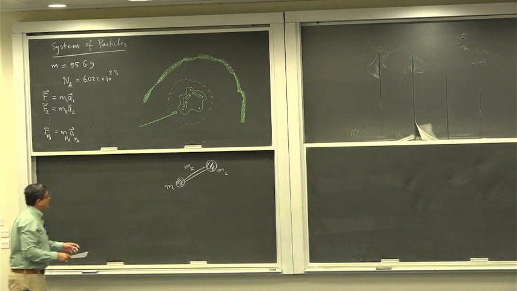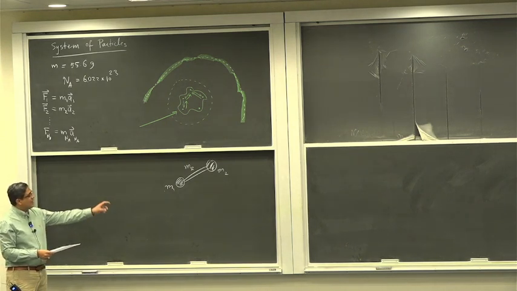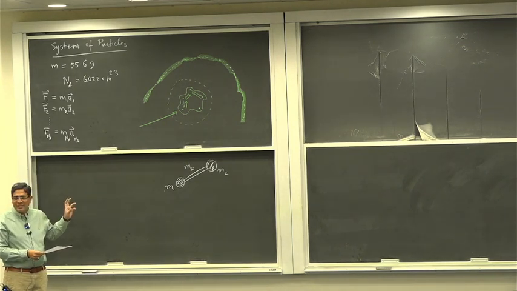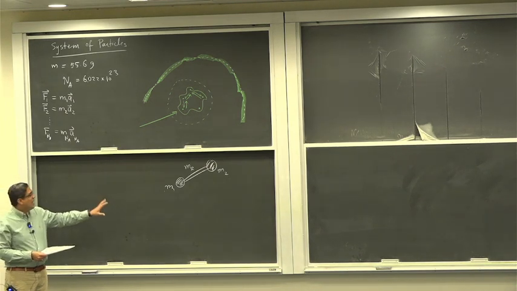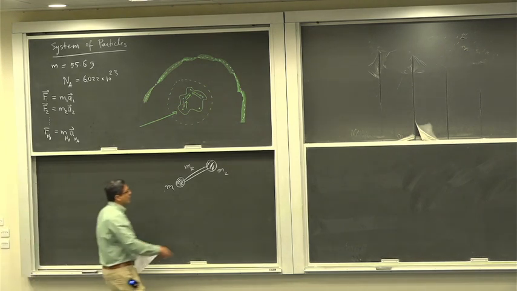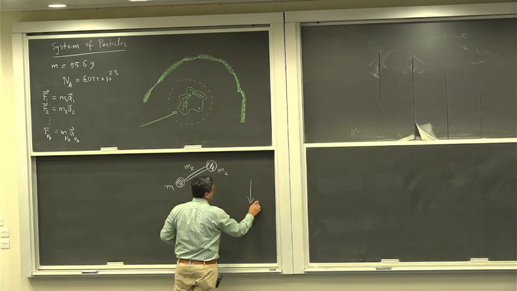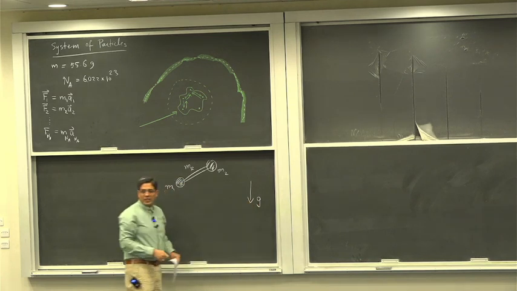Now we look at each of these particles as a point particle and apply Newton's second law and try writing the free body diagrams. And this is happening in the presence of gravity. All right.